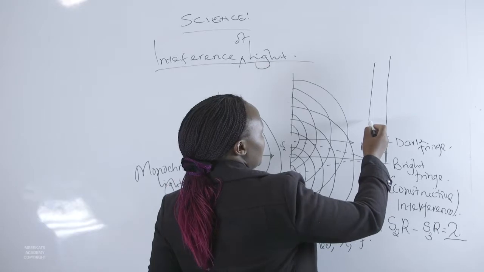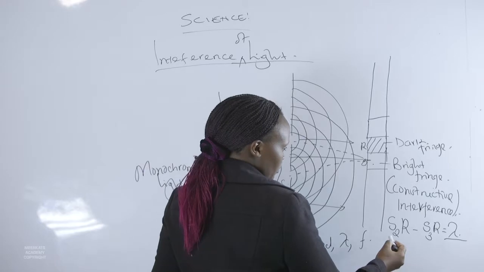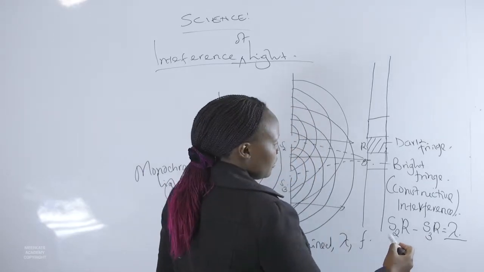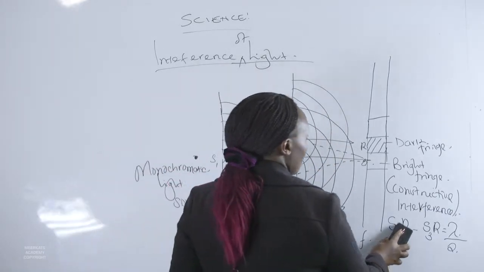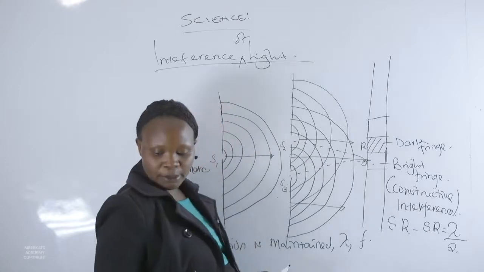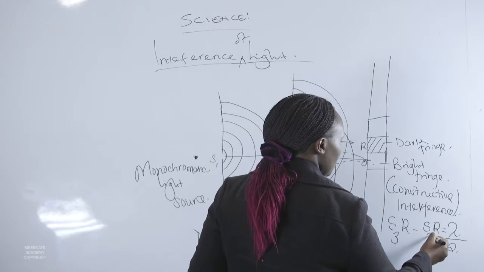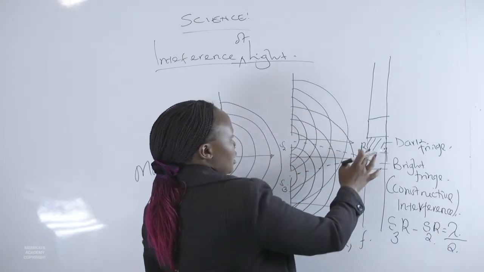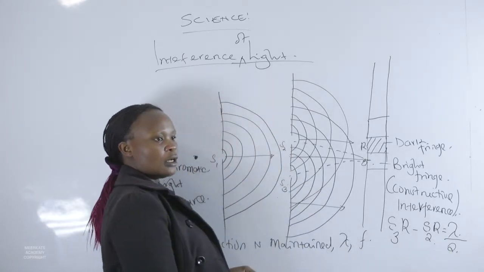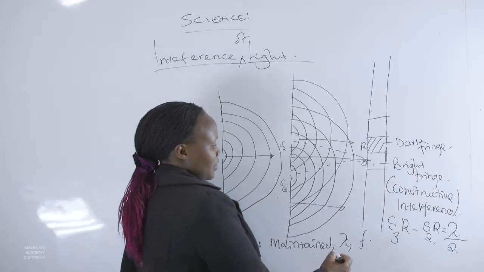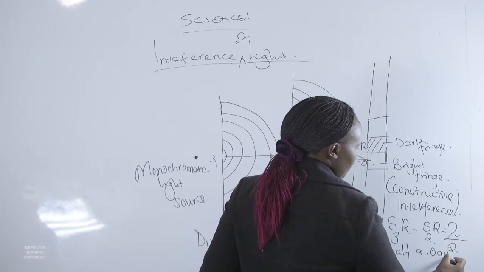Now, we could have another one. Sorry. The upper part will have S3 as the bigger. So S3R minus S2R is what is going to give you lambda over 2, which is half a wavelength.